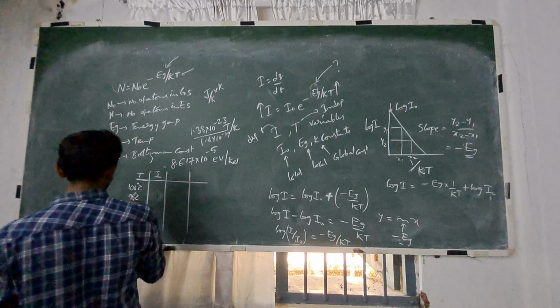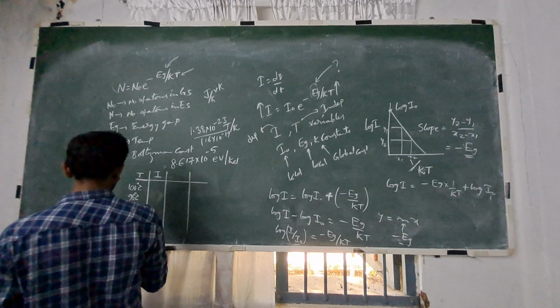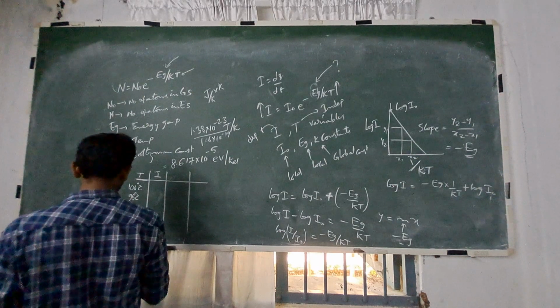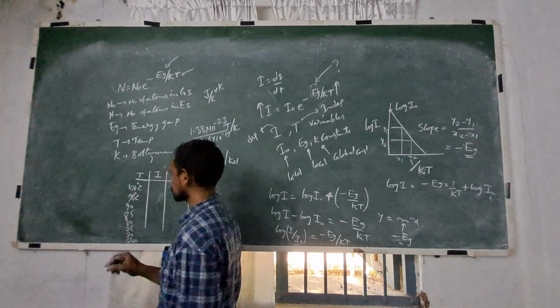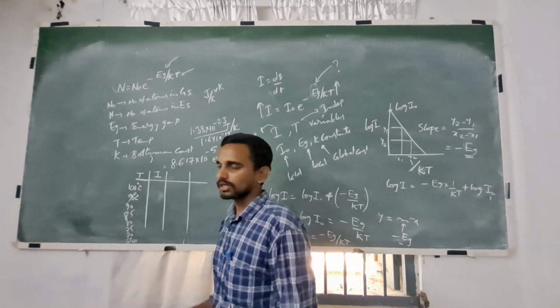So 100, 95, 90, 85, 80, 65, 60. This is how you note the temperature. So with the fall of temperature, current also falls.